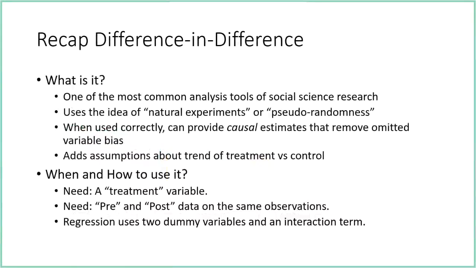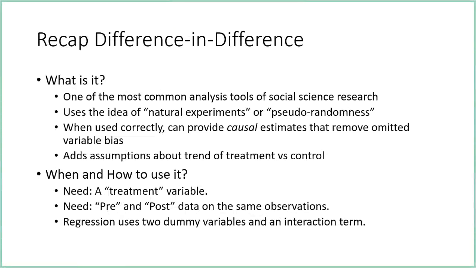So to recap, what is difference in differences? It's one of the most commonly used analysis tools in social science research. It's not strictly used in economics. It's used in sociology, psychology, and political science all the time. It uses this idea of natural experiments, of trying to find observations that are similar, where any one of them could have been treated, just only some of them were.